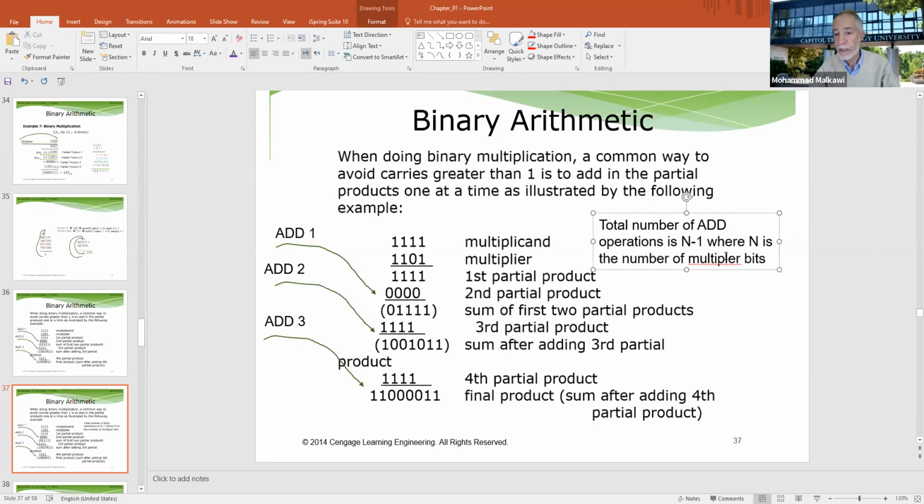So if the multiplier has, let's say, 10 bits, then we will use 9 add operations.